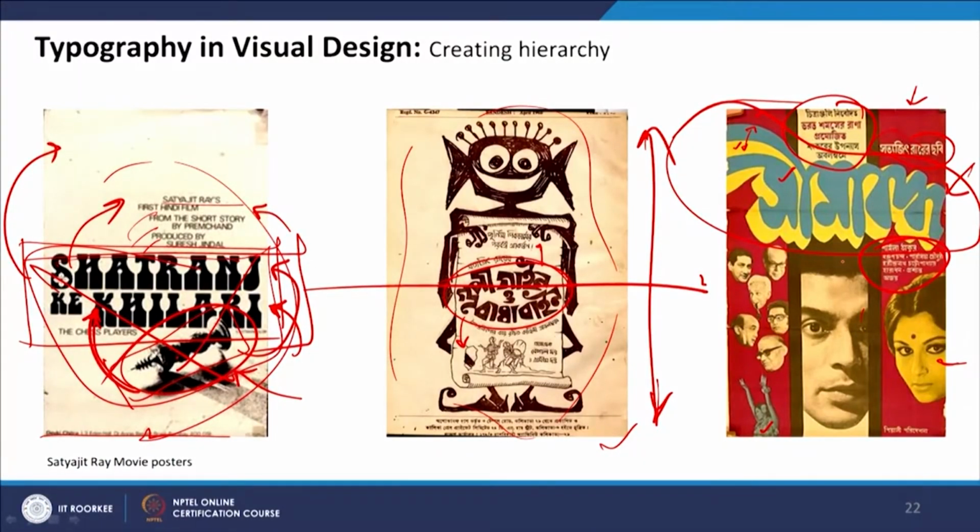If you cannot read Bengali, just look at the graphic poster and understand which can be on the higher level of hierarchy, and which can be on the lower level of hierarchy. Now in the newspaper also we use this hierarchy.